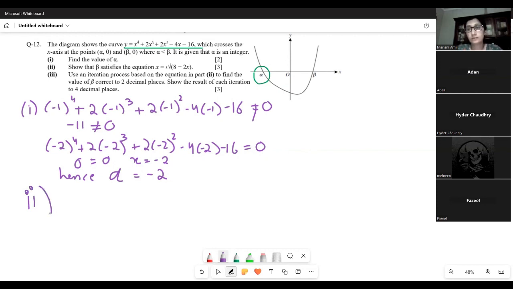Okay, so yes, this is a merger of both the topics from P3, factors and polynomials, and of course, iterative methods.